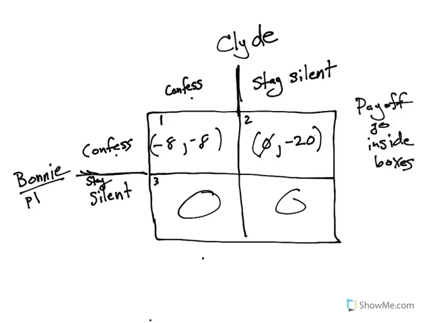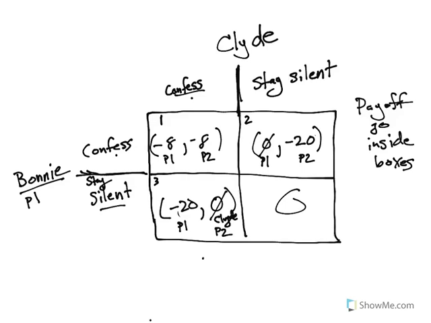In this third outcome, Bonnie is staying silent and Clyde is confessing. So Clyde, we'll write this down here, Clyde is going home and Bonnie is going away for 20 years. And if you notice, in each of these boxes, the payoffs are always in the same order. The first one is player 1, the second one is player 2.